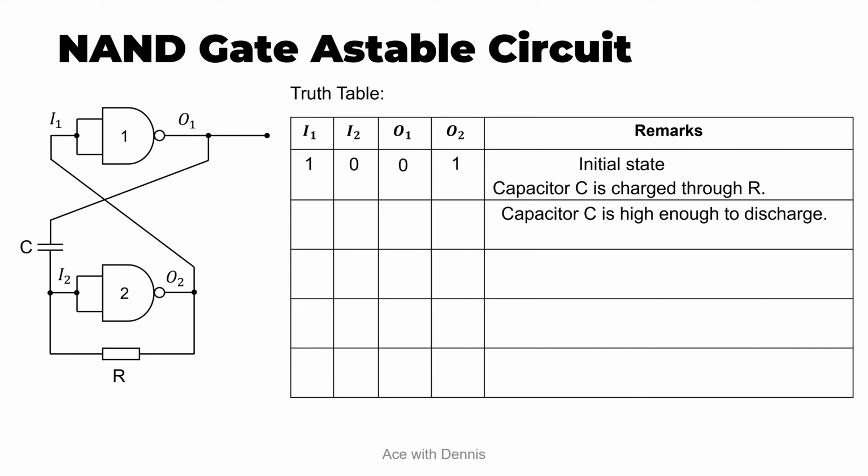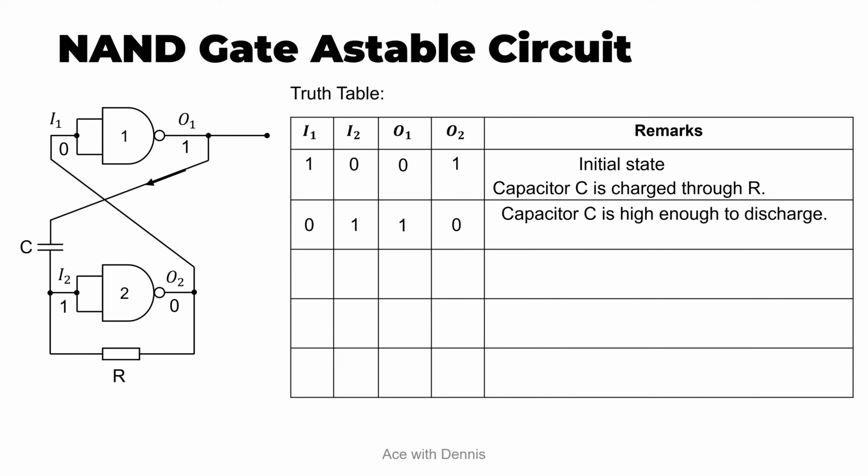When capacitor C is high enough to discharge, then input 2 will be 1. Hence, output 2 will be 0, and input 1 will be 0, and output 1 will be 1.